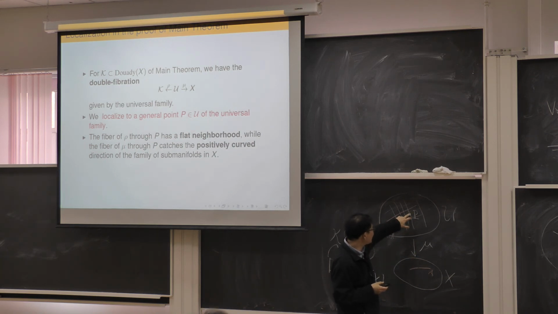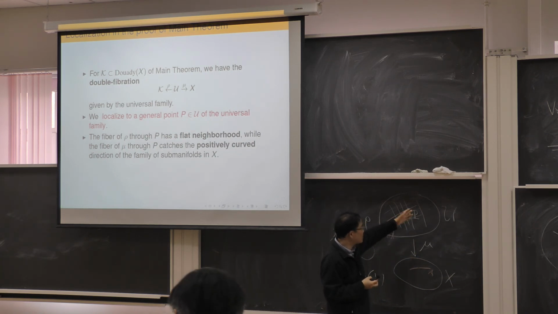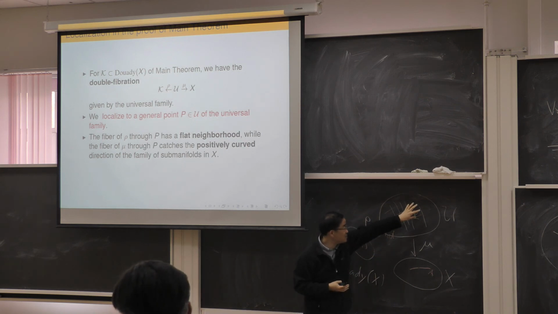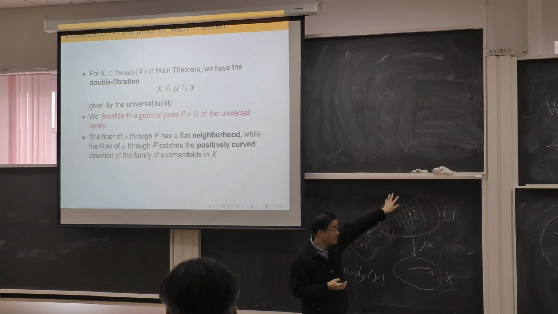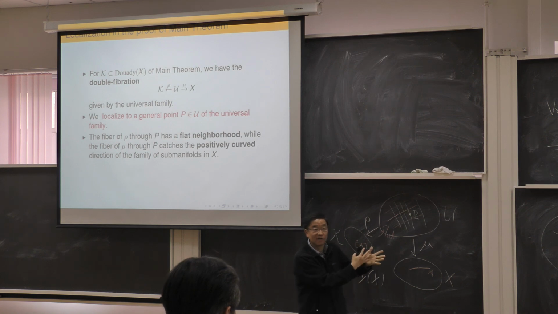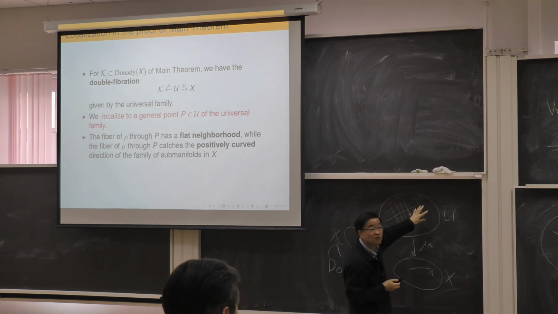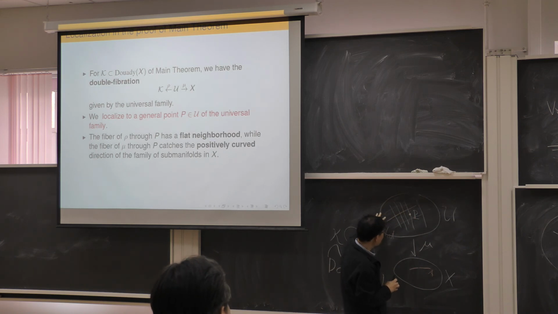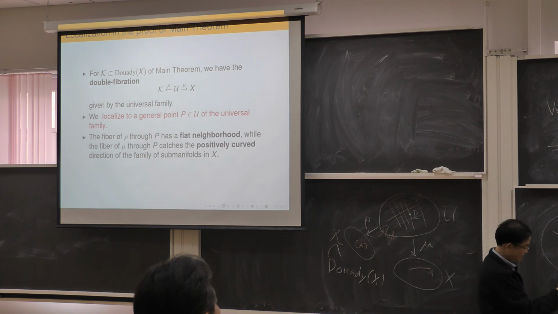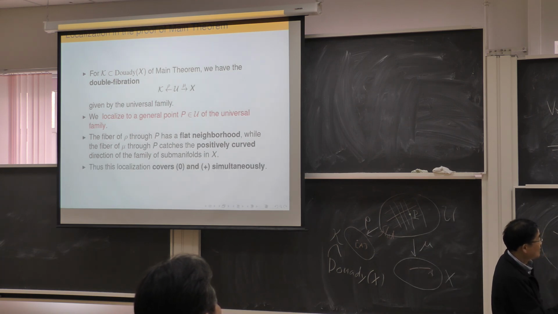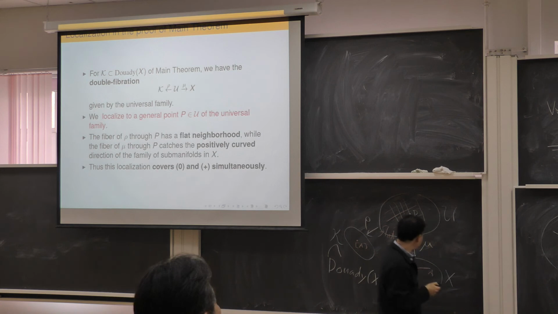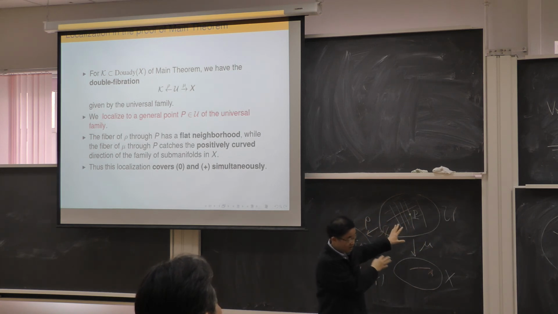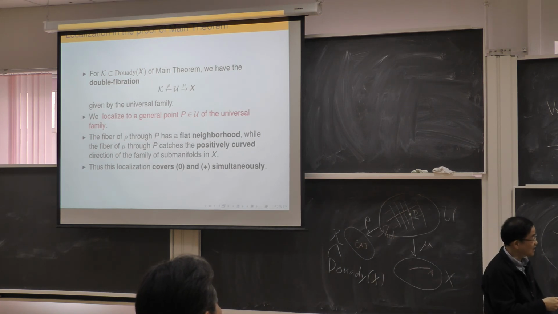So by going to this point on the universal family, you combine the flat and the positive neighborhood somehow together. So this is how you combine these two different arguments, the flat case and the positive case. So by going to a point here, you combine these two cases simultaneously.